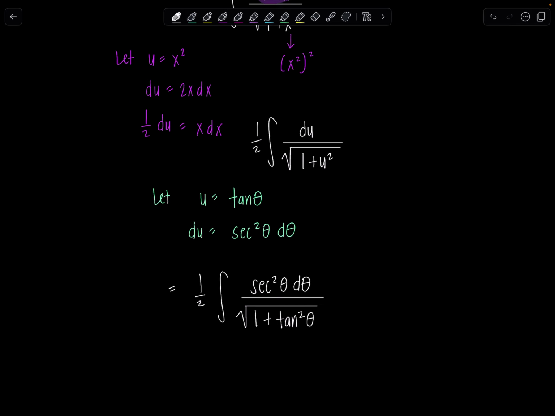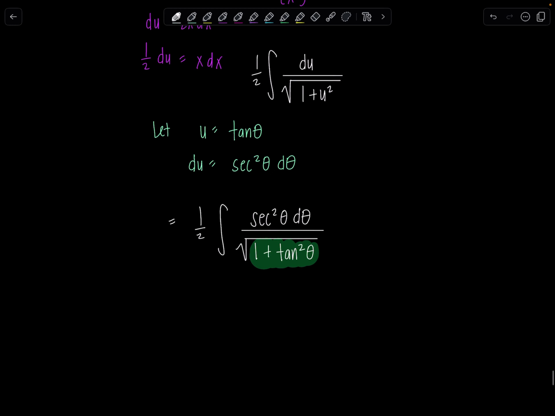Remember, every time we do trig sub, it's so that we can use a Pythagorean identity to simplify that expression. So 1 plus tan squared theta is secant squared theta, and the square root of secant squared theta is just secant theta.